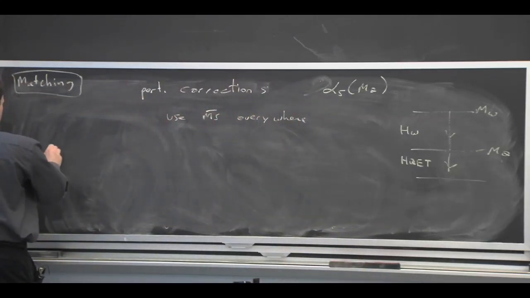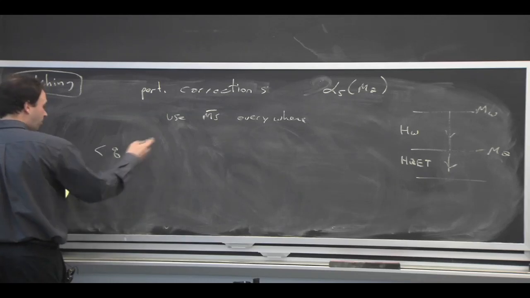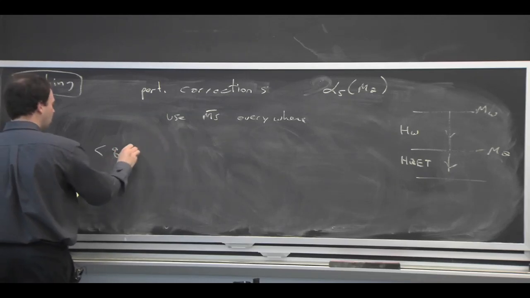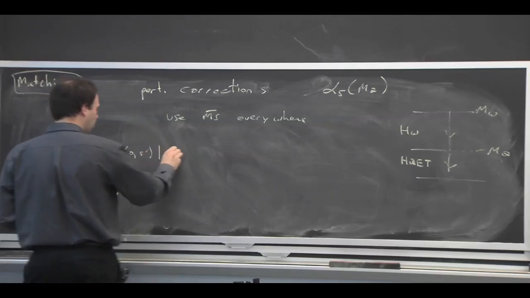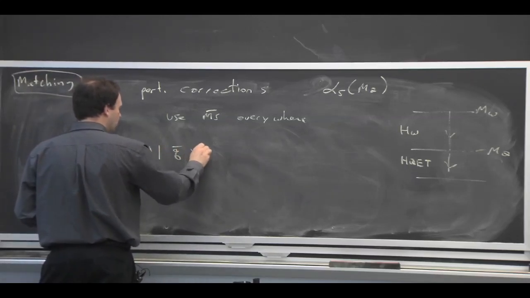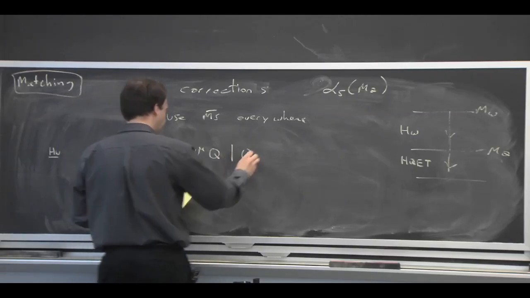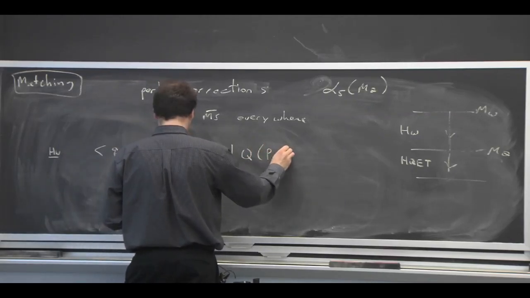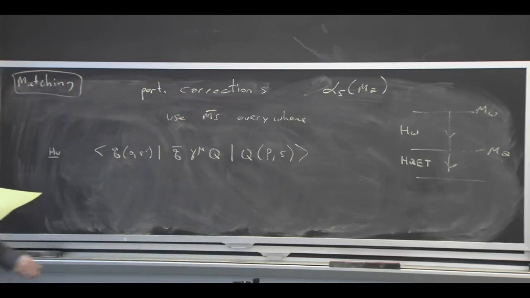So if you go back to the kind of HW theory, let me call it that, and we want to match that onto HQET, then we would do it with a calculation like this. And I'll just use this heavy light example still. So here's a matrix element that you could consider for the matching.